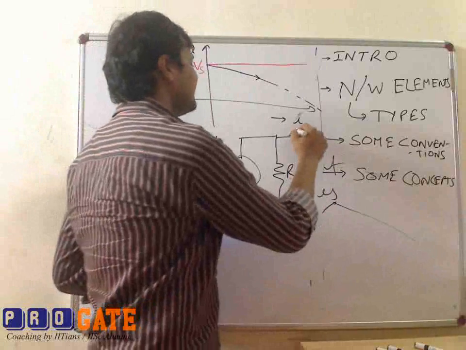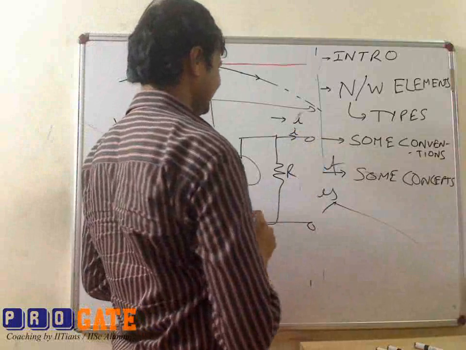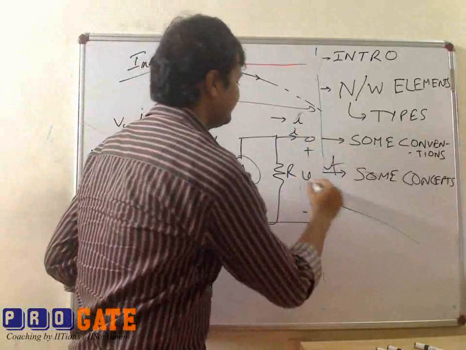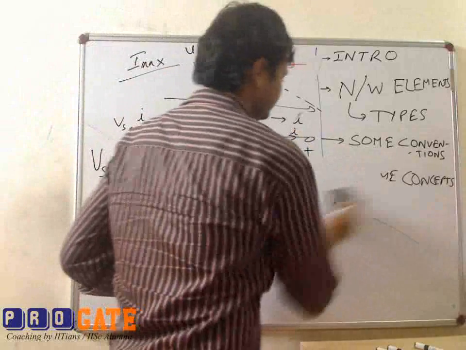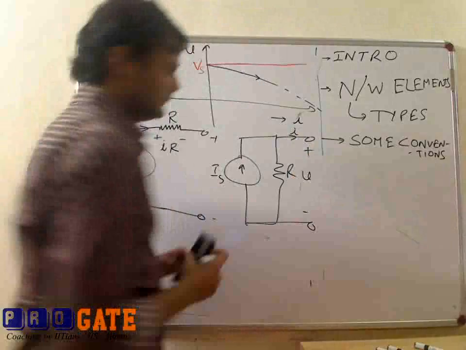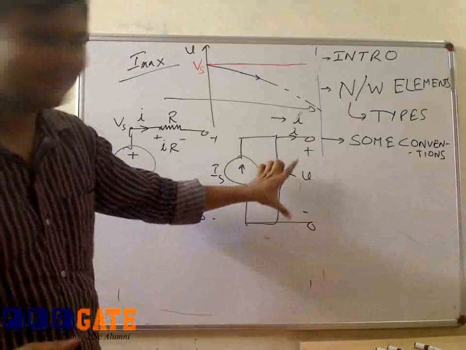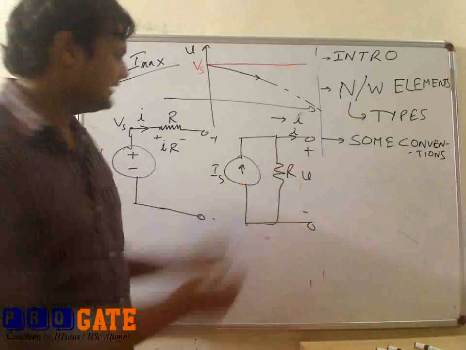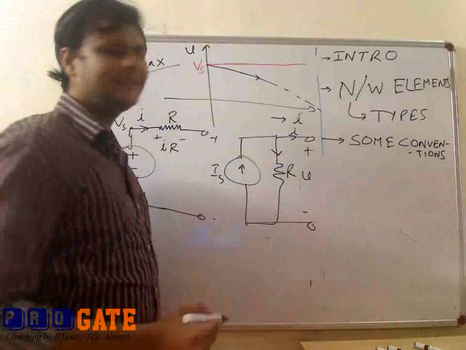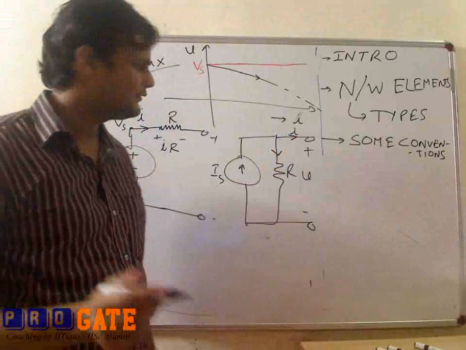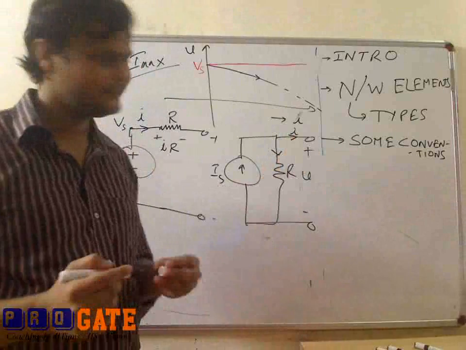And this is the terminal current I. And this is the voltage at the terminal V. So if I increase this voltage, then there will be more leakage of the current. So the current at the terminals will be dropping also.